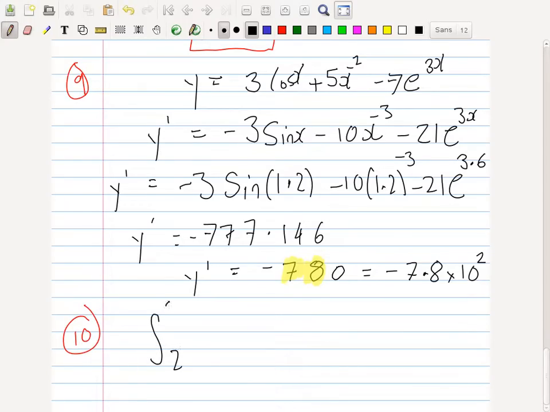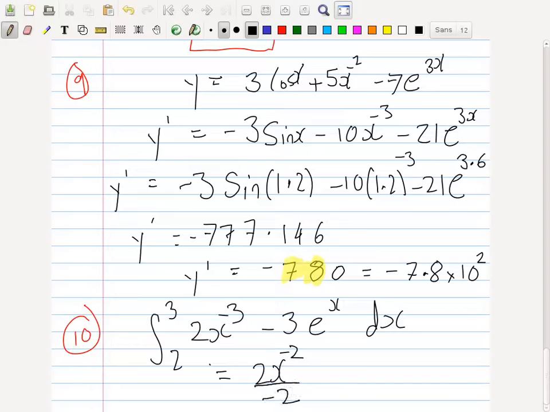Integrate from 2 to 3, 2 over x cubed minus 3e to the x dx. If you want that 2 over x cubed you can write that as 2x to the power of minus 3. So that would equal 2x to the power of minus 2 divided by minus 2, minus 3e to the x.